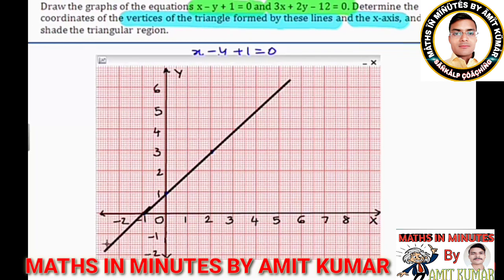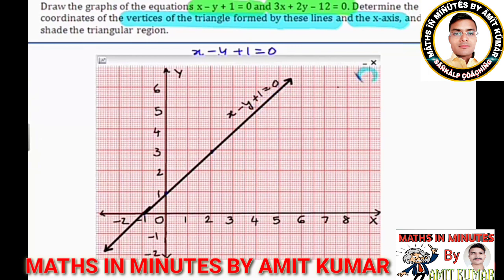This line is for the equation x minus y plus 1 is equal to 0.